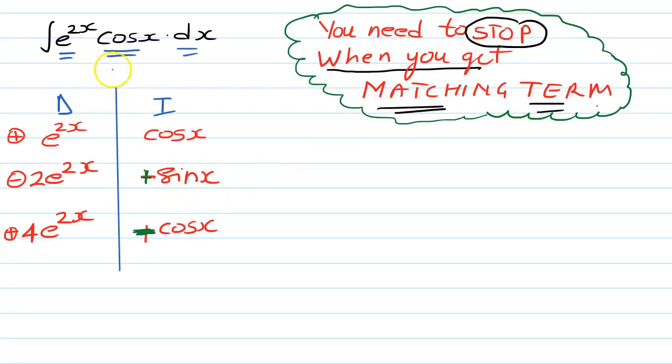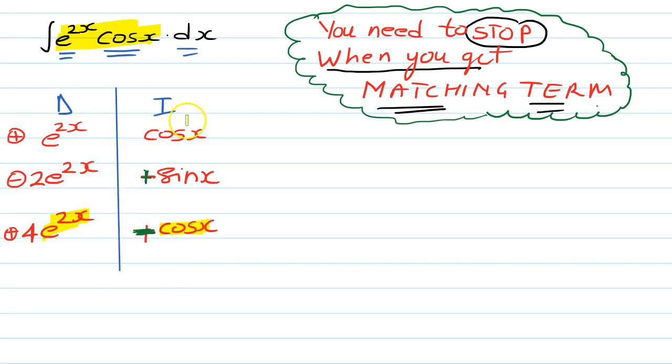Yeah, so if you see here, here is e to the power 2x cos x, right? E to the power 2x cos x, and here just ignore the minus sign. Here you got e to the power 2x and cos x, so this is matching. This yellow color, if you see, they are matching, so we need to stop here.